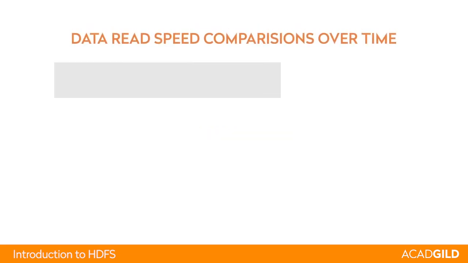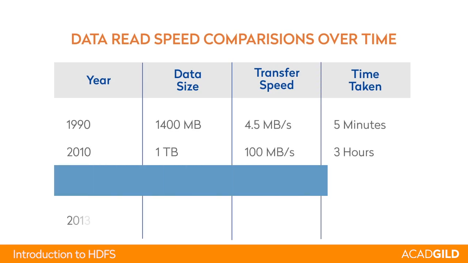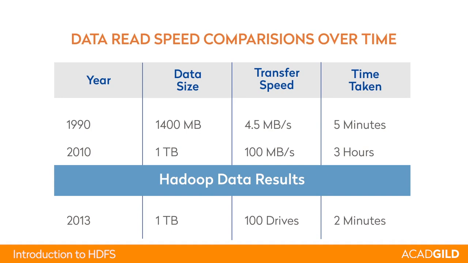Yeah, let us take a look at this chart. What does this mean? If you see, in the year 1990, the data size that could have been stored by a single disk was close to 1.5 gigabytes, that is 1400 megabytes.